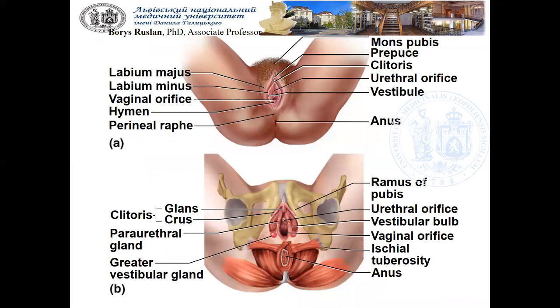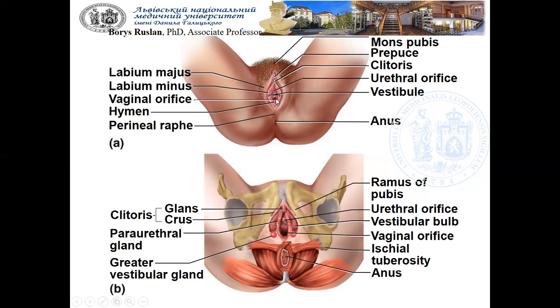Good. So what about the female genital organs? You can see female genital organs. It's the perineum of the female. Pubis, right? Rima pudendi. Small lips, big lips, urethral orifice, vestibule, right? Clitoris, anus, hymen.